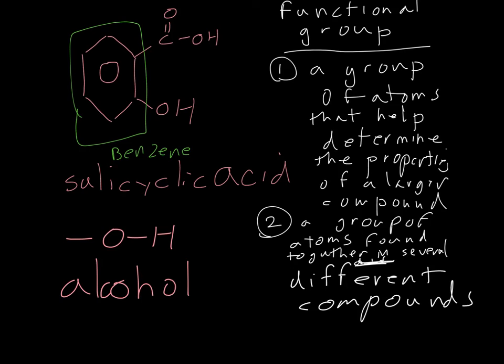The other functional group we see here is this carbon double bonded to an oxygen hydrogen group, and this is referred to as a carboxylic acid. And carboxylic acids actually contain another type of functional group here.